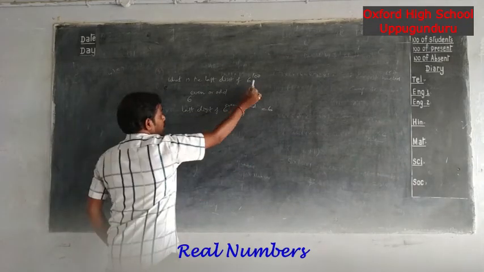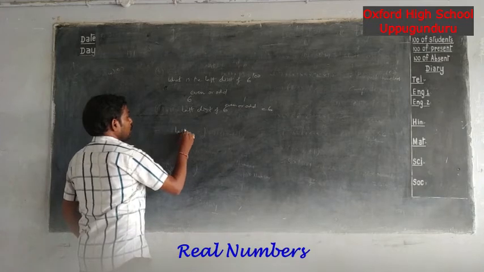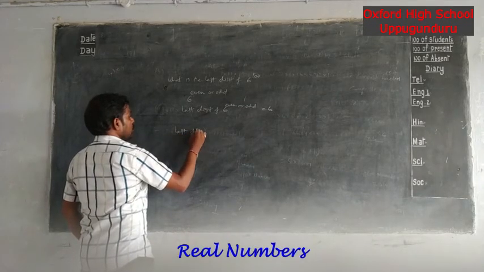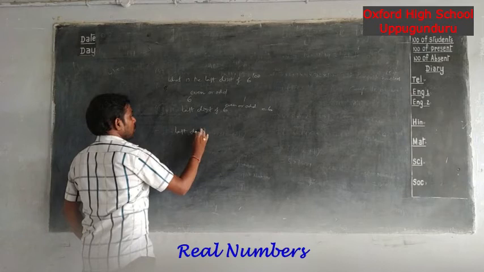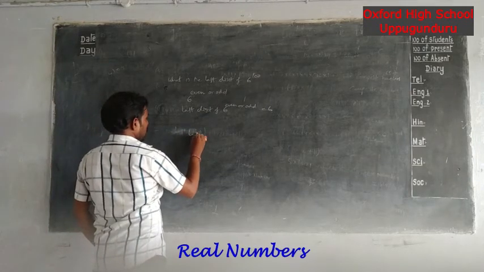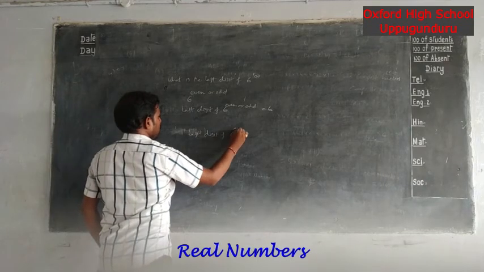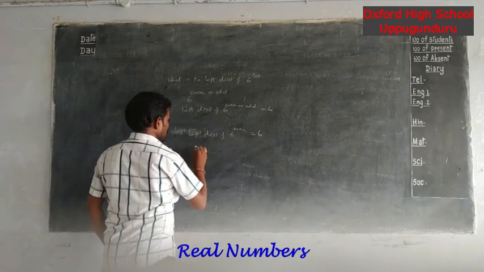So here 100 is even. So the last digit of 6 power even is 6.